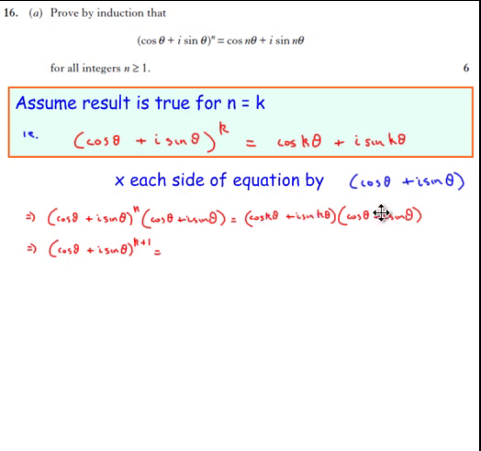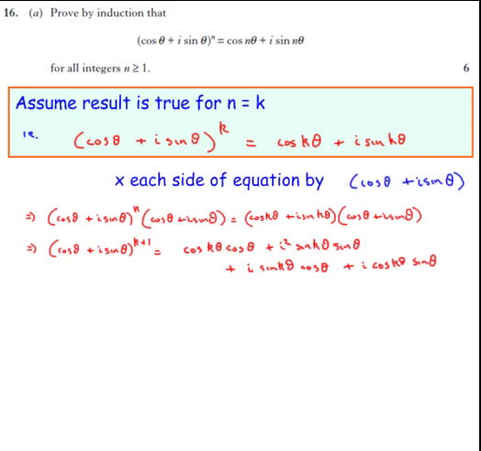On the right hand side we can multiply out the brackets. Cos k theta times cos theta, plus i sin k theta times i sin theta, which is i squared sin k theta sin theta, multiplying the two inner terms i sin k theta times cos theta, and finally the two outer terms i cos k theta times sin theta.